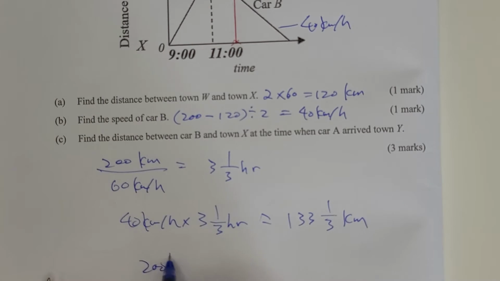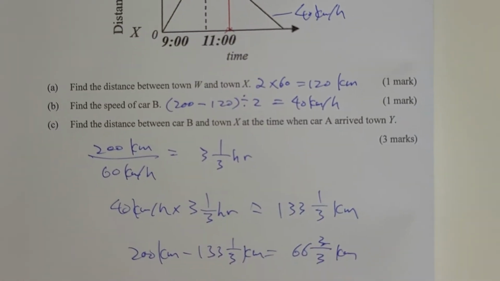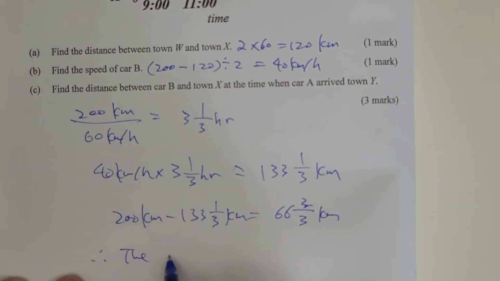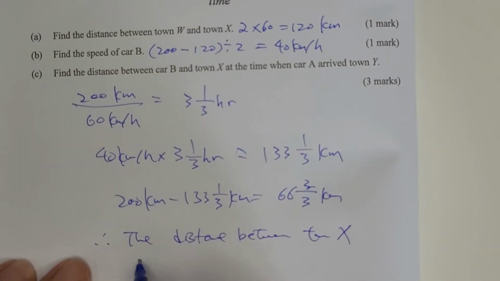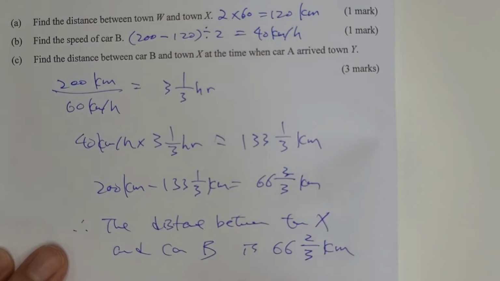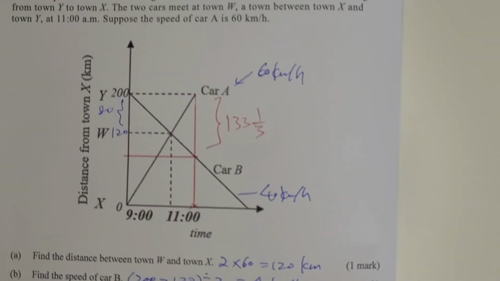So 200 km minus 133 1/3 km, that is 66 2/3 km. So that's the answer. Therefore, the distance between town X and car B is 66 2/3 km. Okay, so that's the end of question number 11.